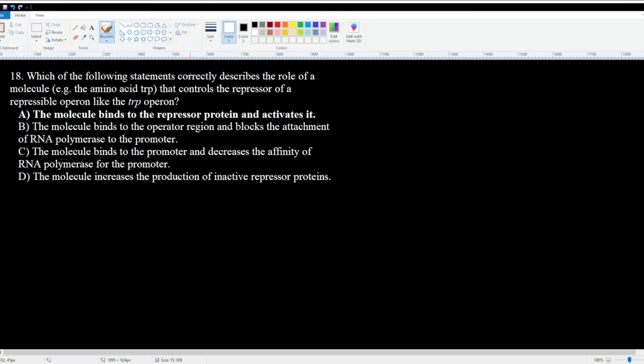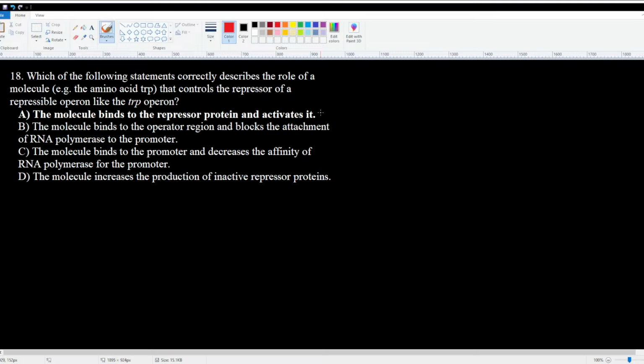So we add tryptophan, and that stops transcription of that particular gene because we already made a lot of tryptophan, right? So the operon is always on, but then tryptophan comes back to activate the repressor protein and shuts off the operon.